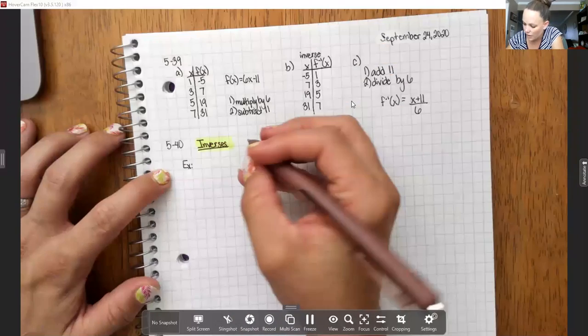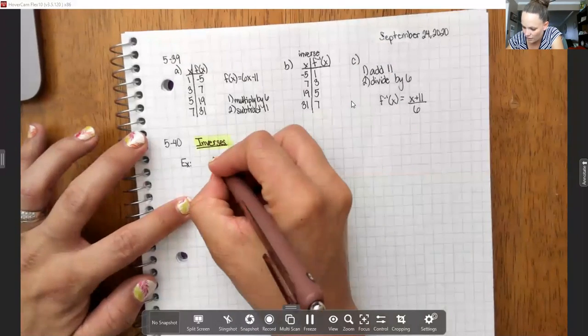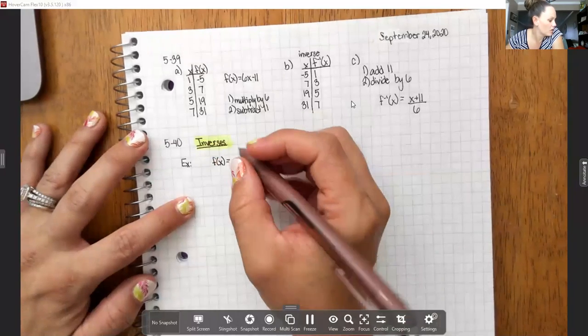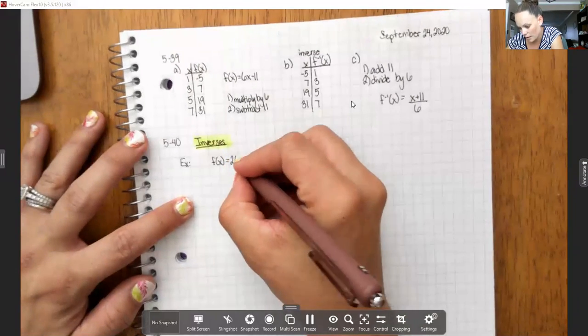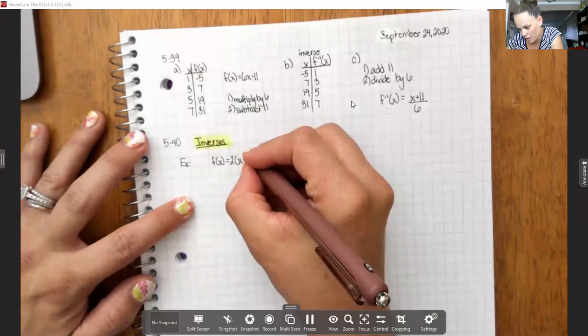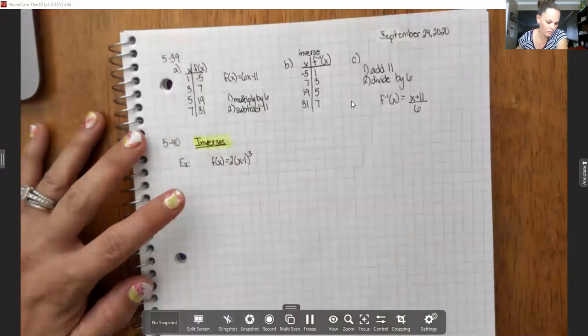So the first one is f of x equals 2 times the quantity x minus 1 cubed.